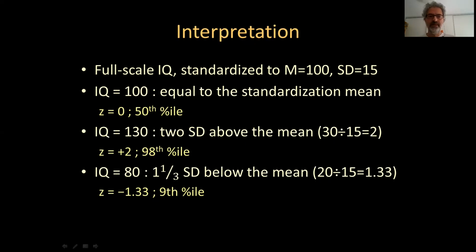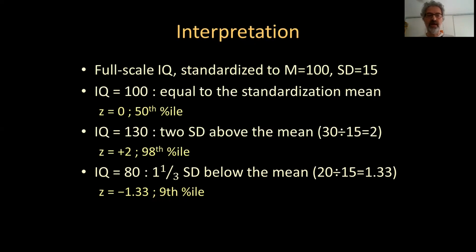What about an IQ of 80? Well, 80 is 20 points below the mean of 100, and 20 divided by 15 is 1 and 1/3 standard deviations below the mean. This is what 80 means: a z-score of -1.33, which corresponds to the 9th percentile.